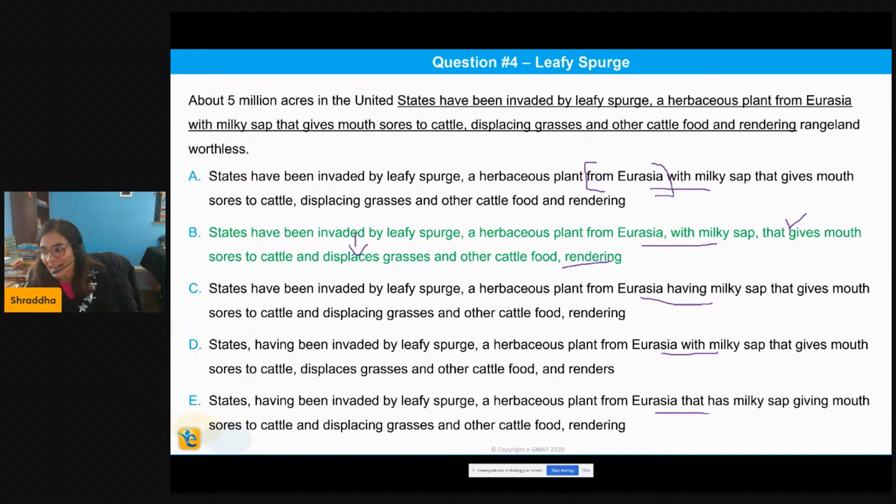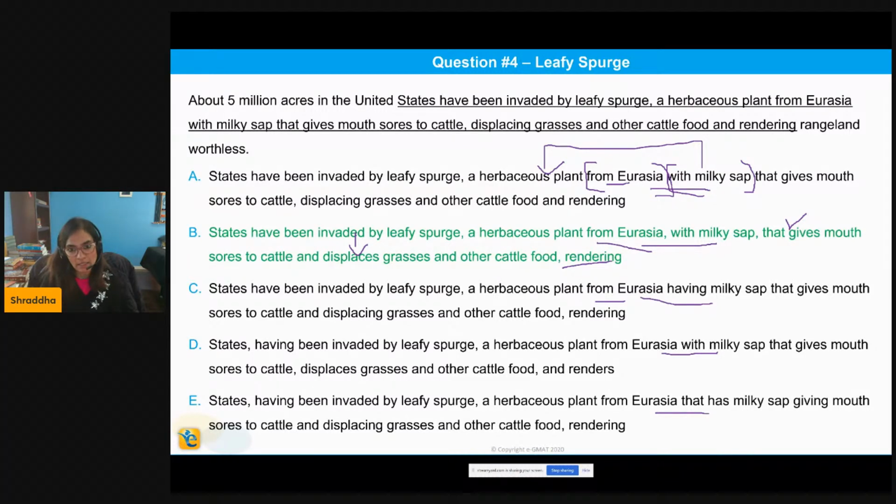And that is why, because this part is constant in every answer choice, this modifier gets the flexibility to jump this noun and talk about herbaceous plant. Again, please read this article, it's there on our blog also, on when noun modifiers get the flexibility to modify a little far away noun.